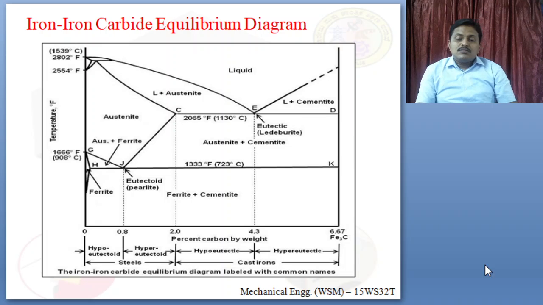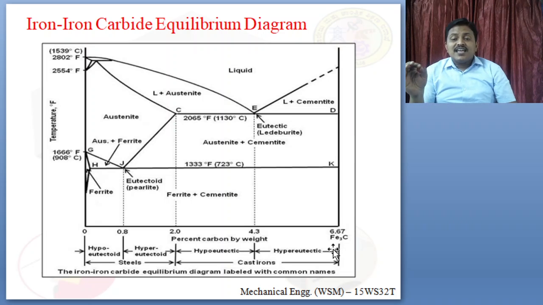What you are able to identify in this is that up to 2 percent of carbon mixture, it is called steel. More than 2 percent, up to 6.67 percent, it is known as cast iron.